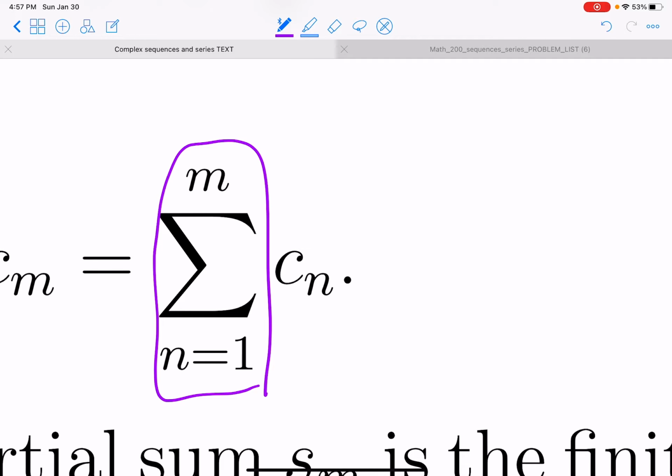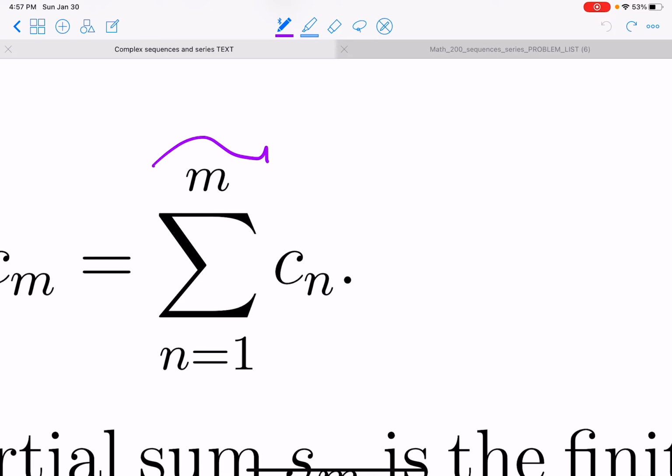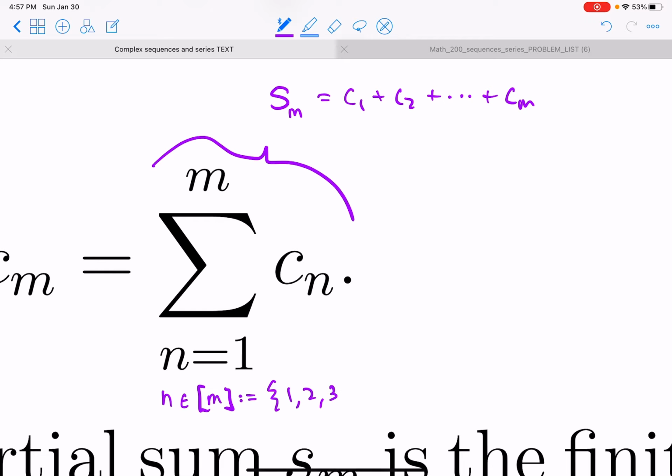Okay. Yeah, so here's this notation. Sum from n equals 1 to m, so that this one would be s sub little m, because that is how many terms we're taking. Okay. And maybe better is sometimes people like this, where they invent this notation to mean the set of integers 1 to n.